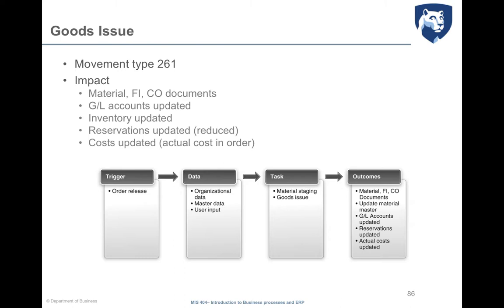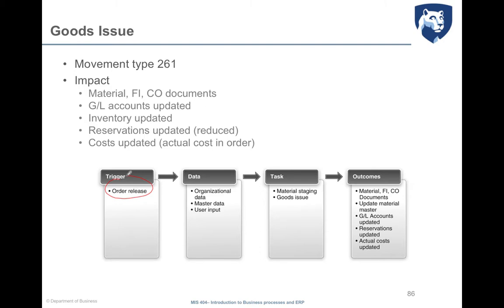Of course, to produce we need materials and components, and with goods issue these materials and components are moved from storage to the production site in order to become resources for this production order. Of course, the trigger of goods issue is the order release. So once the order is released, the production can take place.